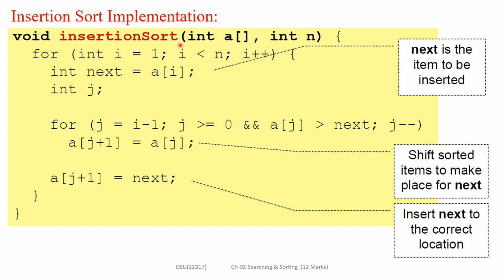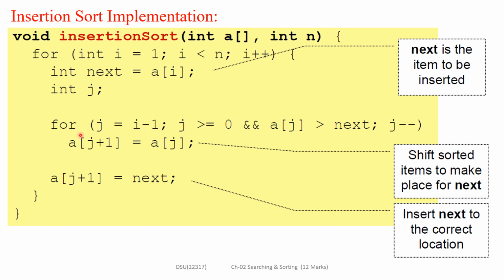This is the insertion sort implementation. Void insertion sort, integer a, integer n. For i equal to 1, i less than n, i plus plus. Integer next is equal to a of i, integer j. Means next is the item to be inserted here. Now this for loop is for shifting sorted items to make the place for next.